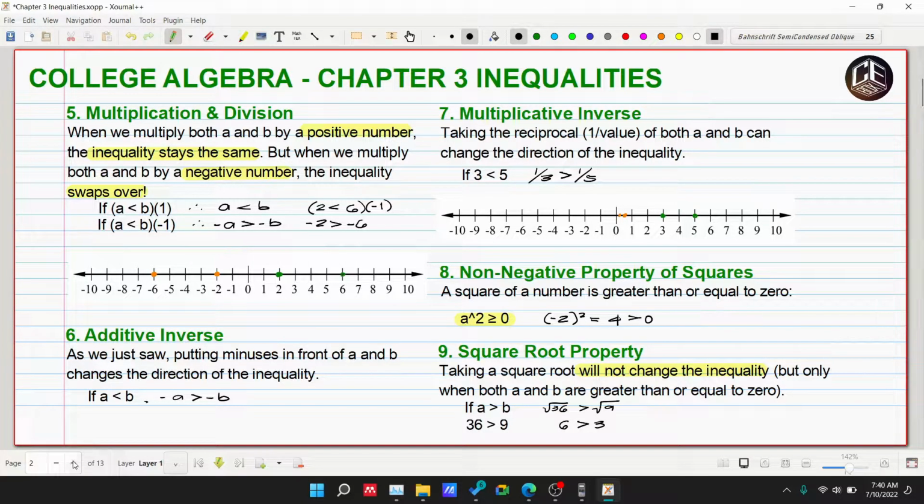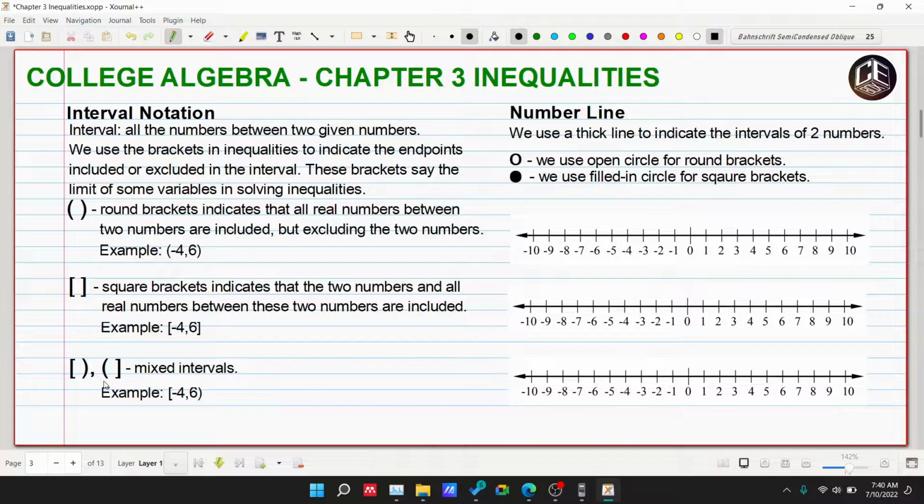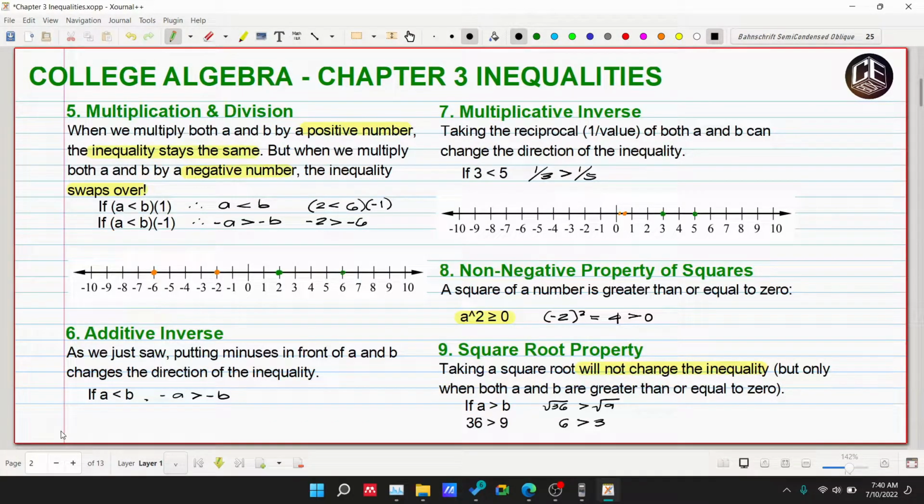Yan. Actually, meron pang another topic or parang hiwalay na topic para sa inequality, pero we decided na pagsamahin na sila, yung interval notations na. Kasi nung nag-aaral tayo ng high school, magkahiwalay sila. So parang doon sa high school natin, yung algebra natin, nag-solve lang tayo ng mga values ng mga variables, tama ba?